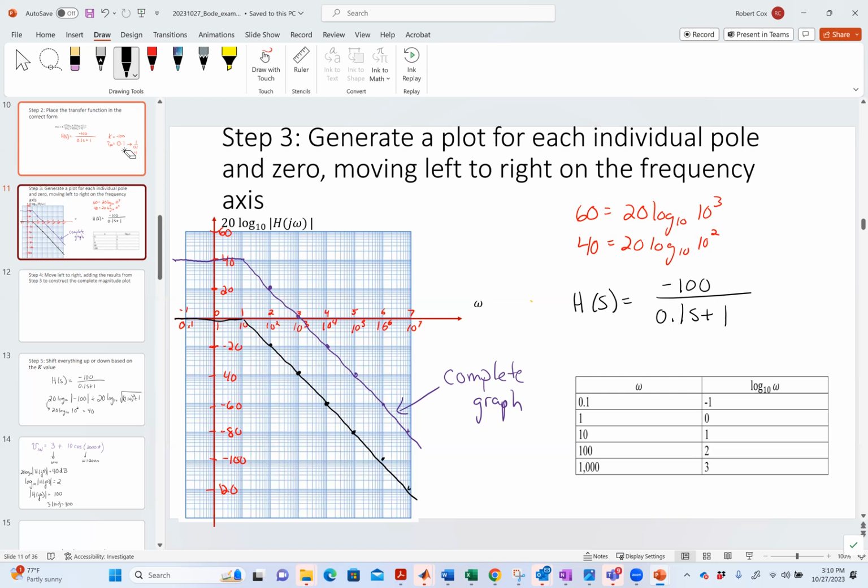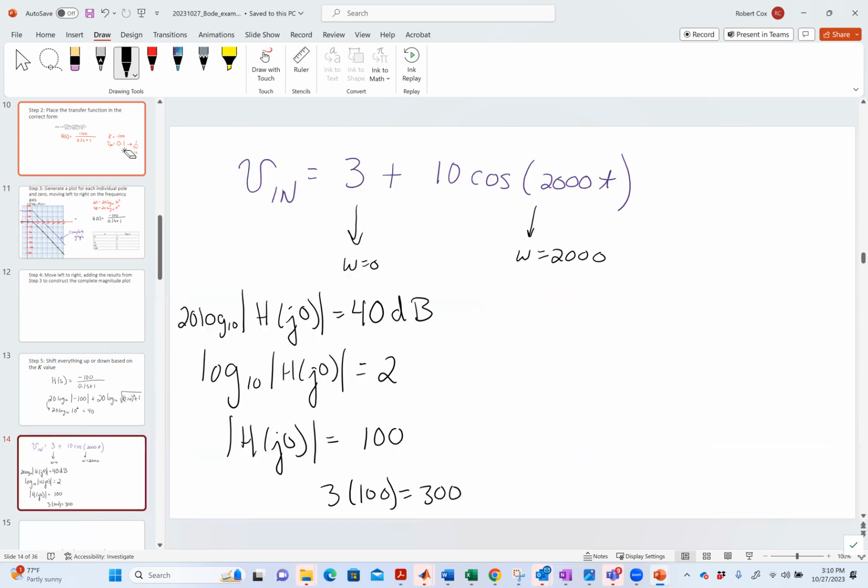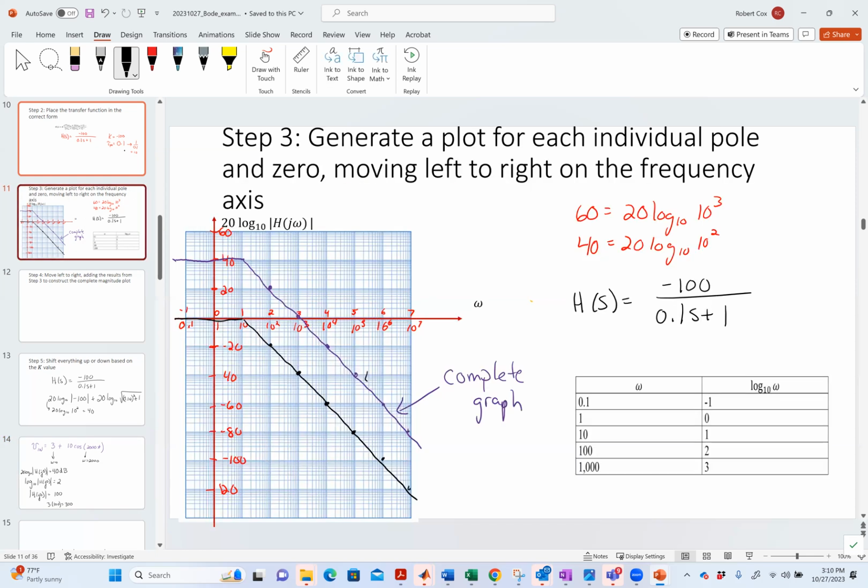So if I wanted to be exact, the equation of this line right here is 60 minus 20 log 10 of omega, where omega is like my x variable. So I can think of it like that. You guys with me on that?